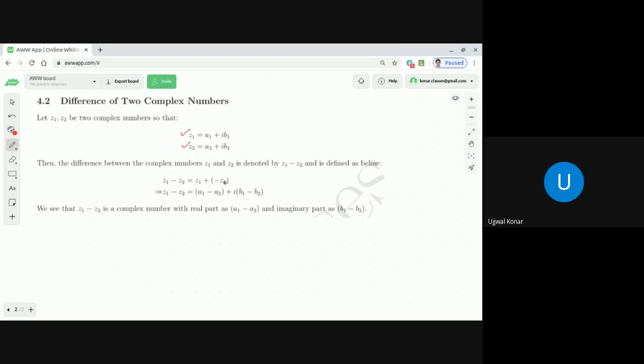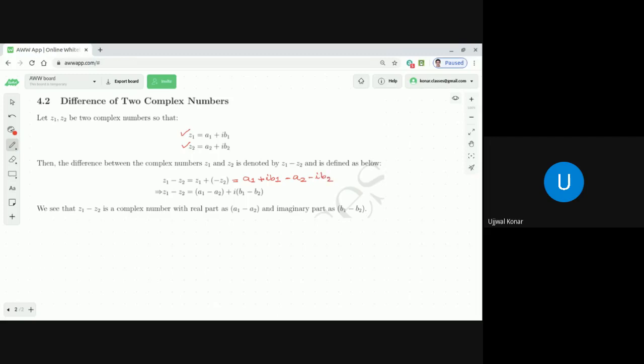That means as if you are multiplying both the real part and the imaginary part of Z2 by minus 1. So what we get here is A1 plus iB1 minus A2 minus iB2. Correct, dear students?